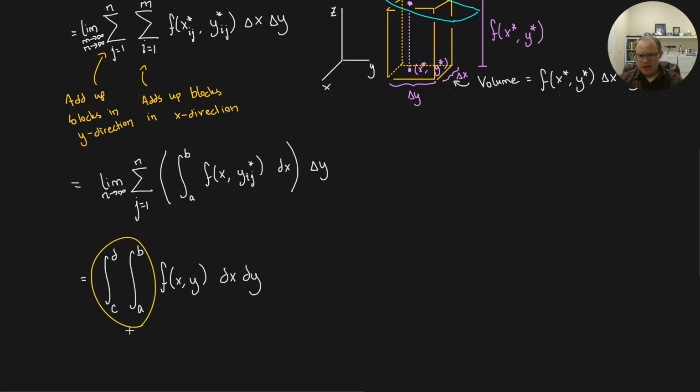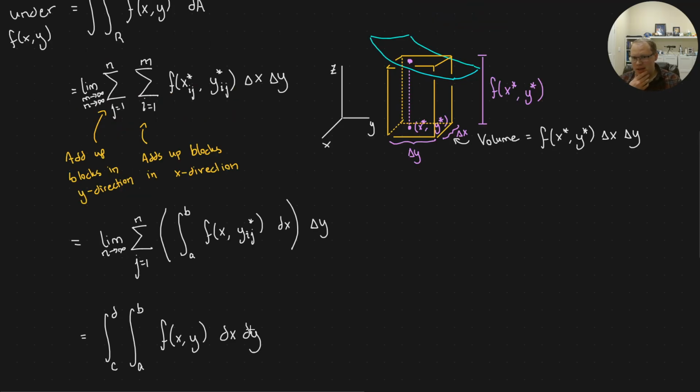The idea here being these are the bounds of integration for x and for y. And this may not seem like some incredibly deep result, but it kind of is.